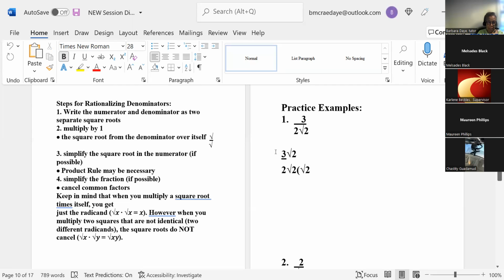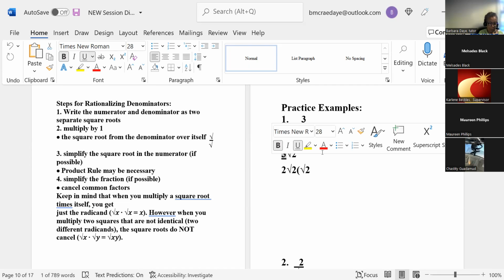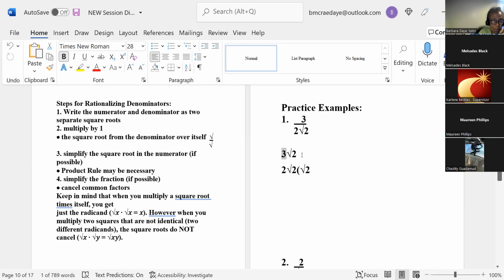So I have 3 times square root of 2 and 2 times square root of 2. I want to do it as separate steps. Okay, so 3 times the square root of 2, we just leave it as 3 times square root of 2.